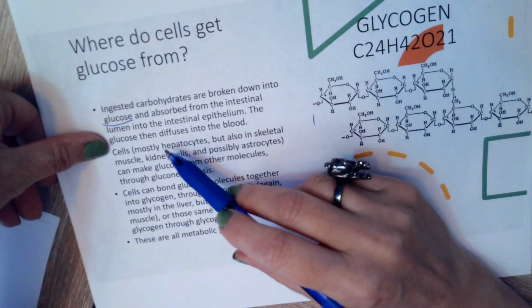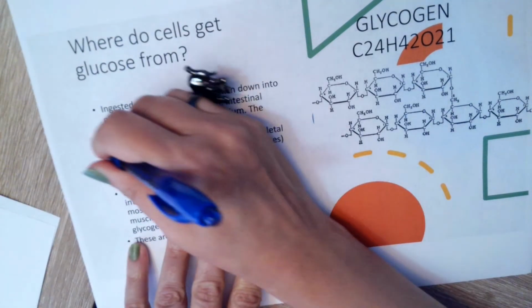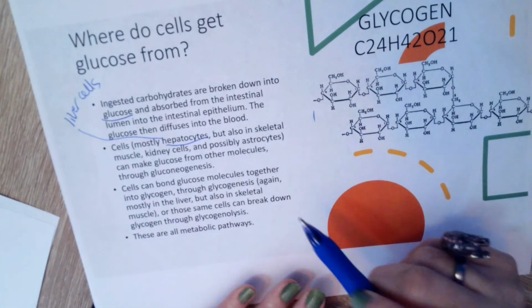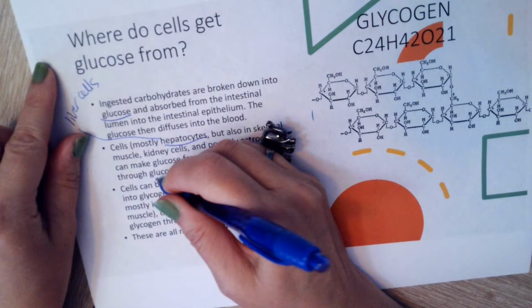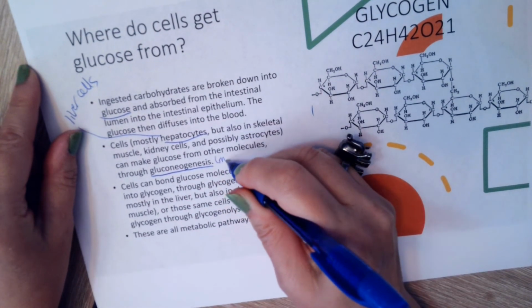Now, some cells, specifically hepatocytes, remember hepatocytes are liver cells. They do a lot of stuff. But one of the things that they can do is gluconeogenesis. That is making new glucose.